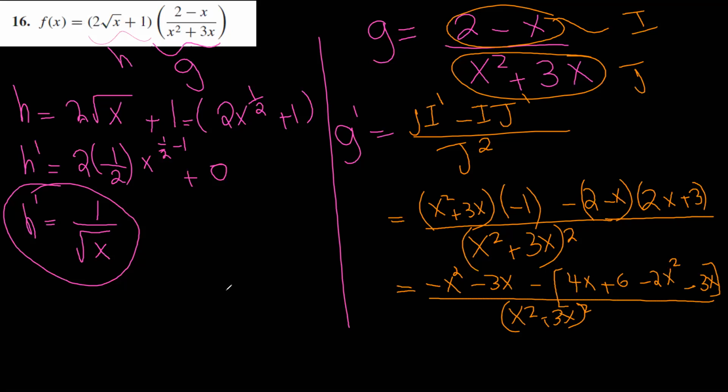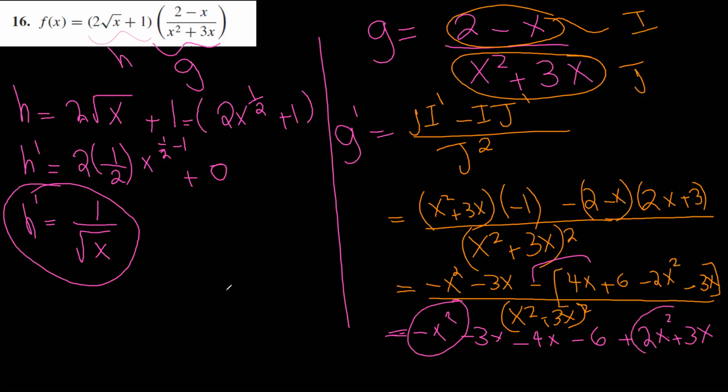Then, negative x squared minus 3x minus 4x. We just multiply the negative sign to each of them, sorry. Negative 4x minus 6 plus 2x squared plus 3x. Then negative x squared plus 2x squared is x squared.